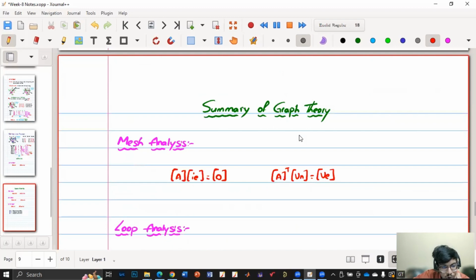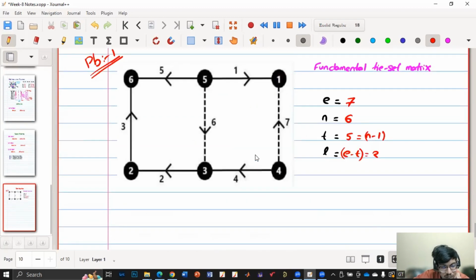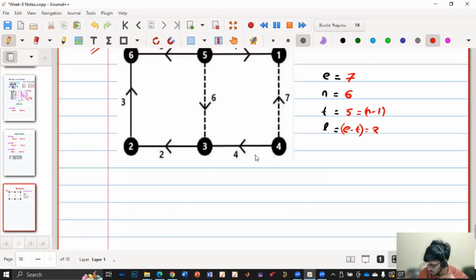So first let us draw this circuit in a small way. One thing is they're trying to confuse us with the branches and the node names. So we need to be very careful with this.